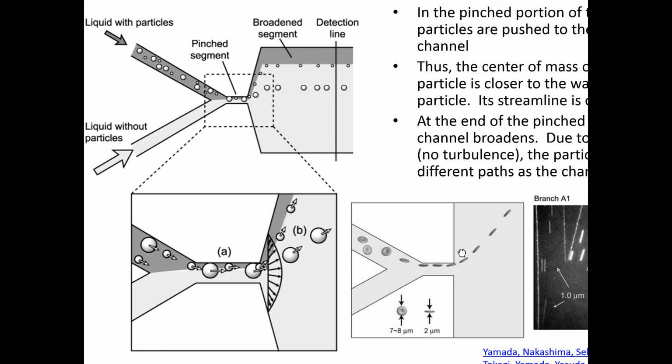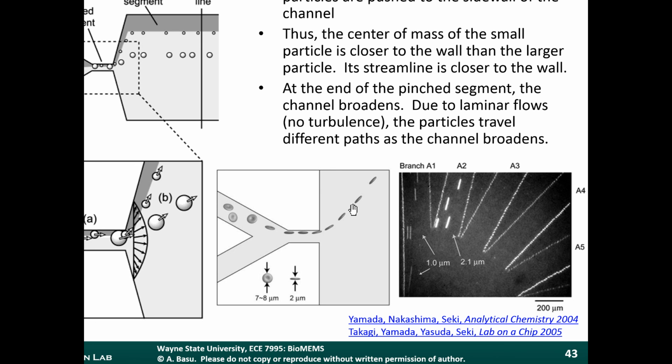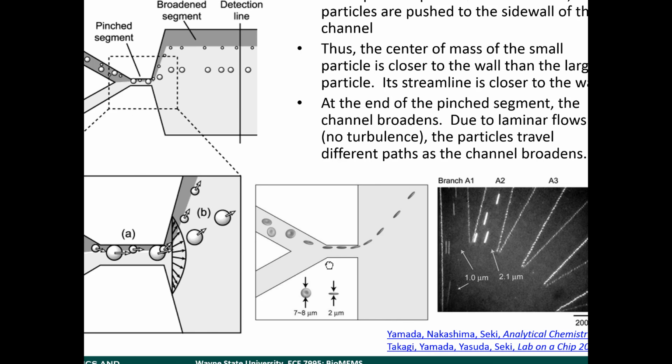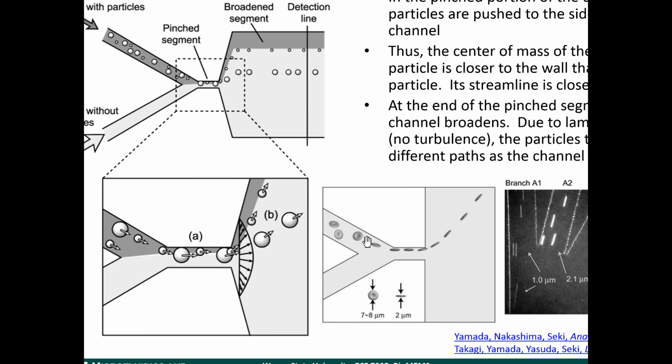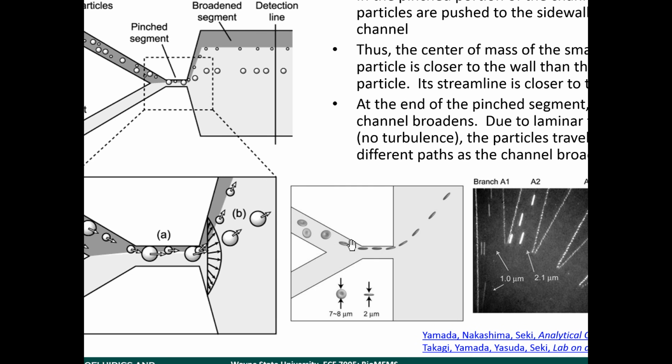They also show that you can separate or sort blood cells in this manner. Blood cells, by the way, they're not spherical particles, they're disks. But they showed that when they're in this pinch segment, the blood cells actually all conform to this orientation.